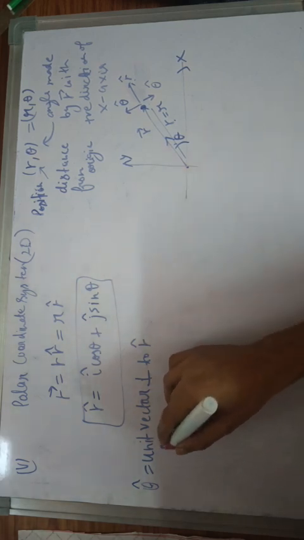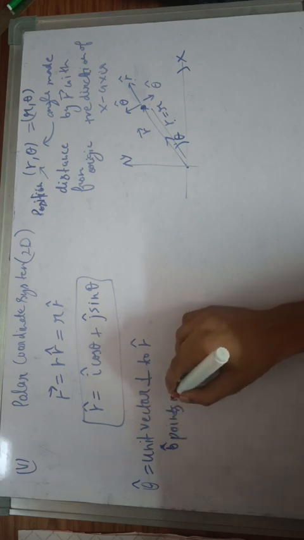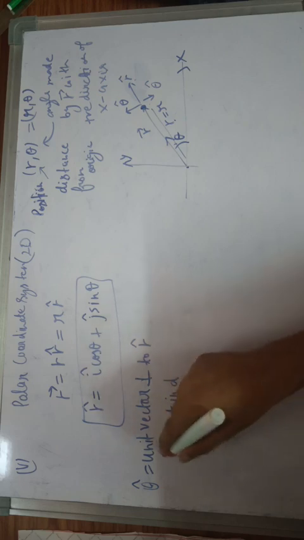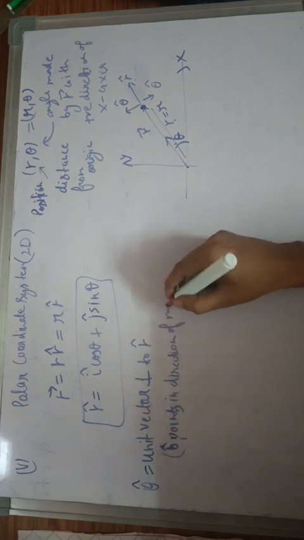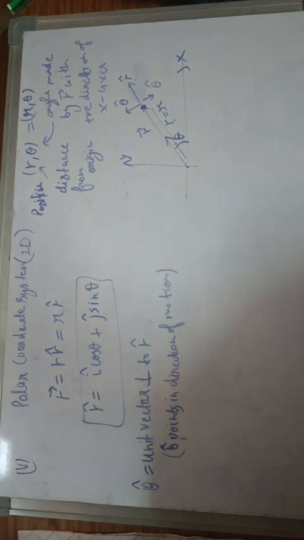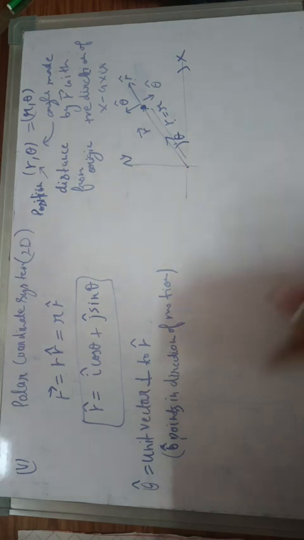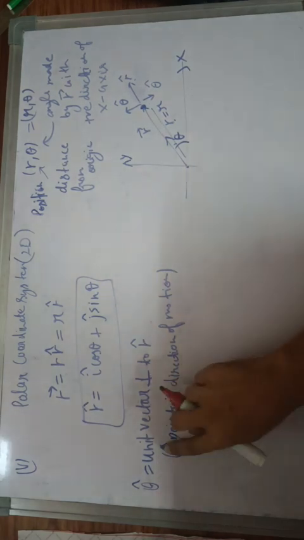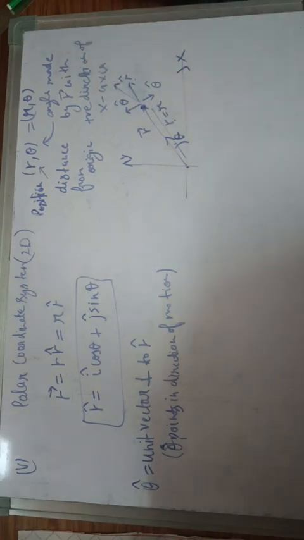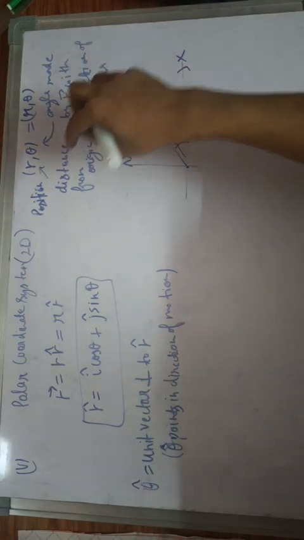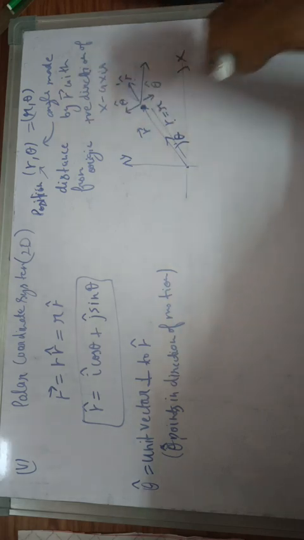Theta cap points in the direction of motion. So to choose which direction we need for theta cap, we use this point. Let's say the particle is moving in this direction, then theta cap will be taken in this direction. If the particle is moving in the other direction, then theta cap will be taken in the opposite direction.